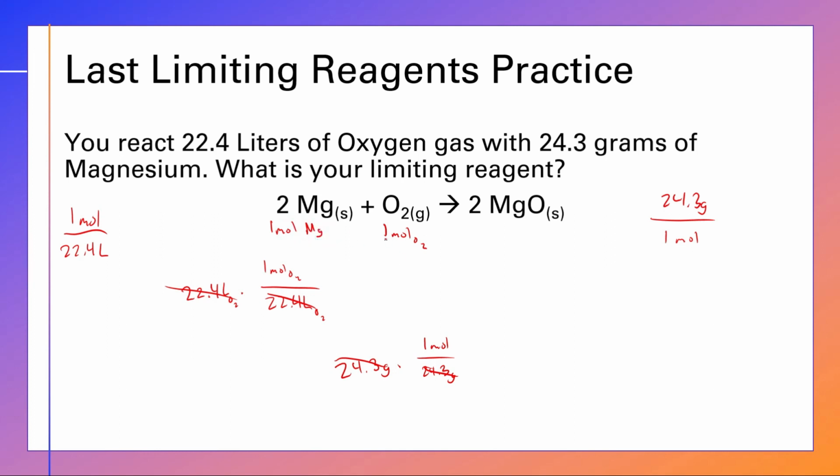If we have 1 mole of magnesium reacting with 1 mole of oxygen, but the ratio is 2 to 1, that means that we're going to run out of magnesium first, and we're going to be left with exactly half of a mole of O2 left over. That half mole of O2, if we wanted to convert it back into a gas volume, we could just multiply it by this. We'd end up getting 11.2 liters.